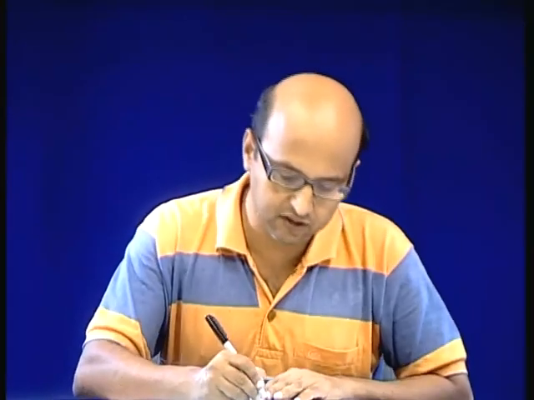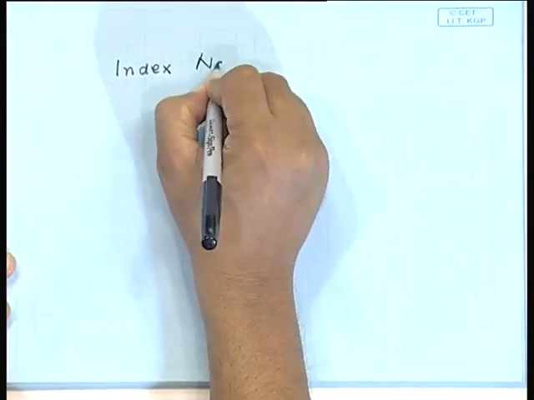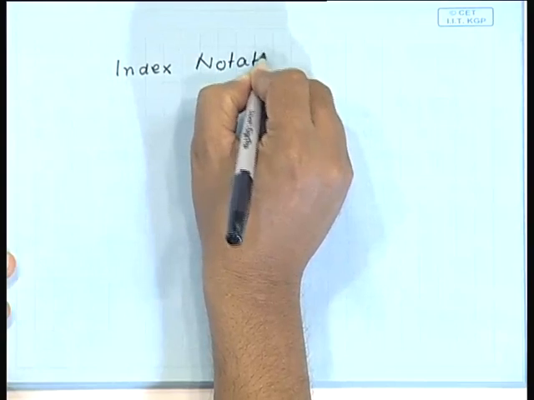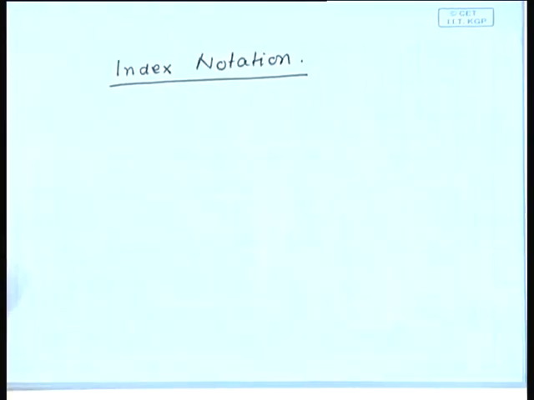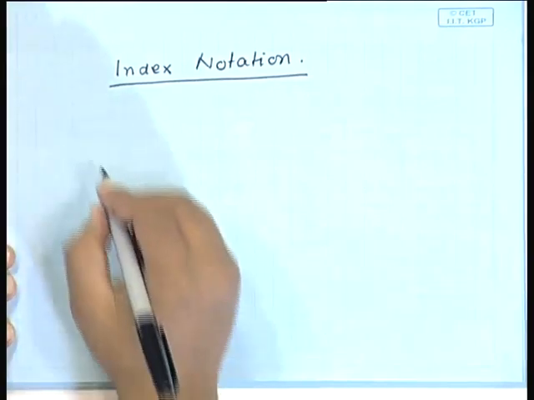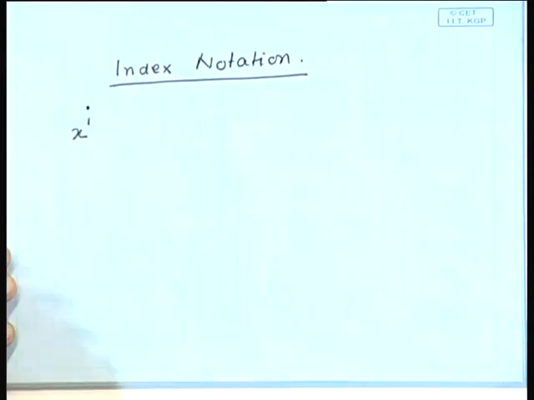This is what is called the index notation, which may or may not be familiar to you. Let me spend a few minutes explaining this. We use xi to denote the 3 components of the coordinate.